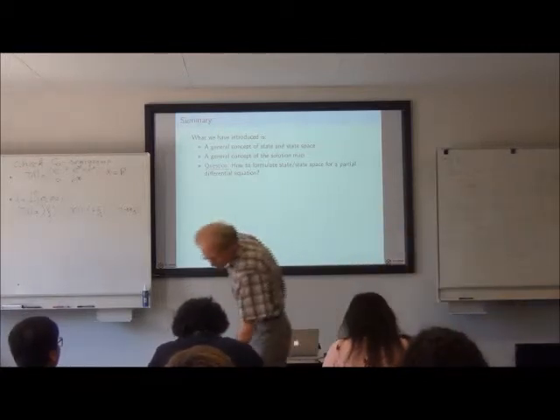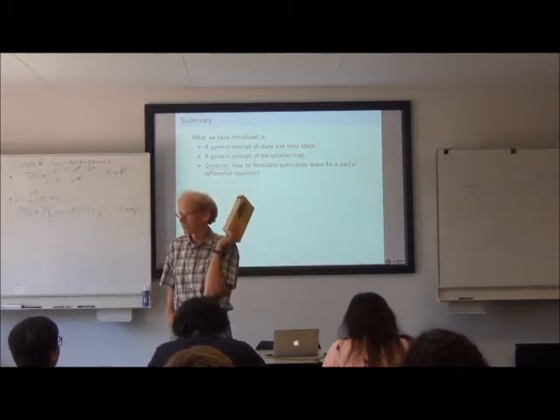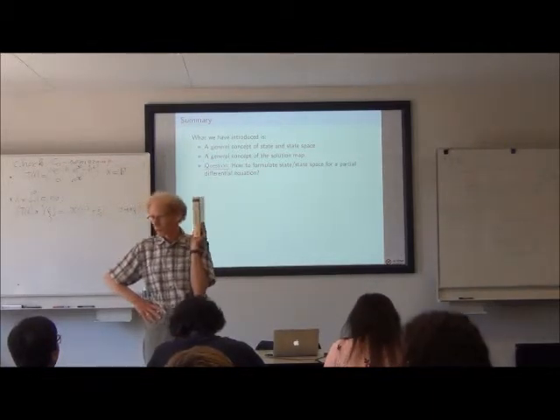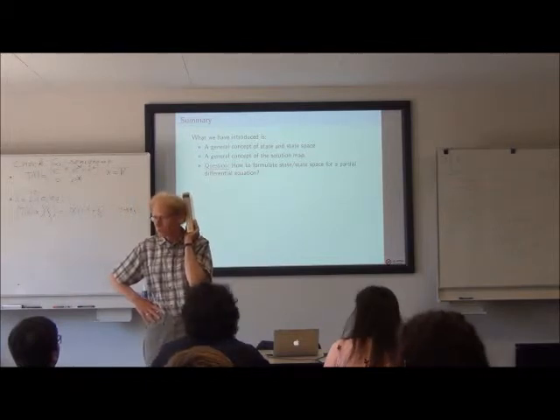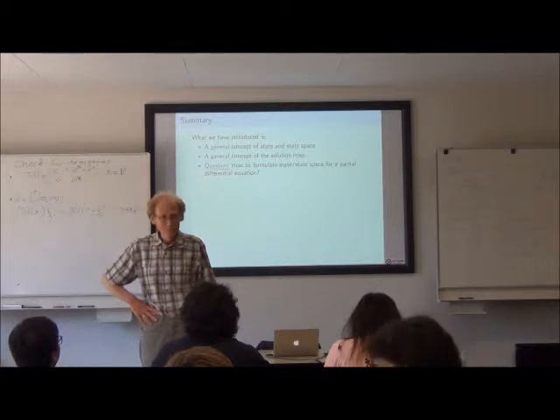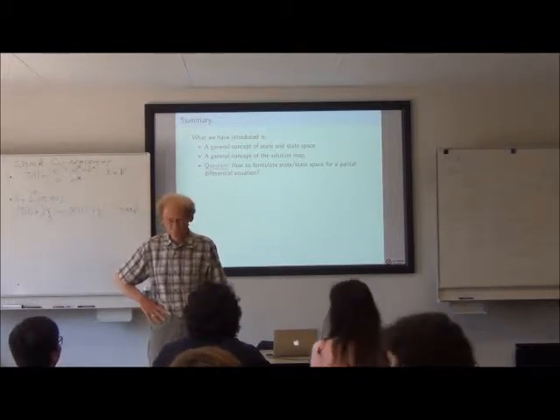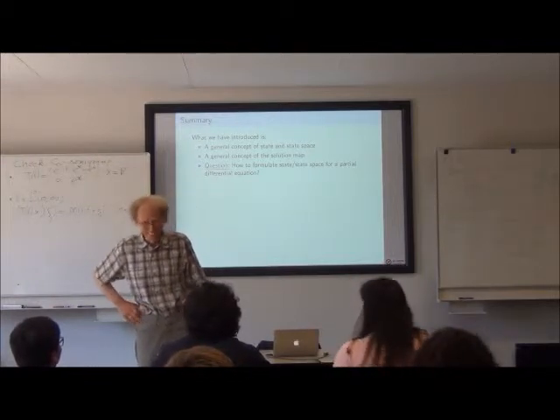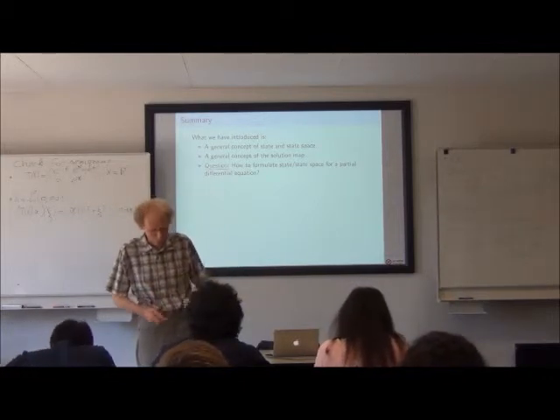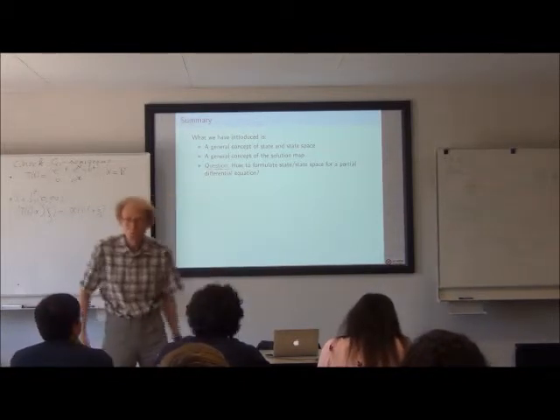This book, I just take this book because I know it quite well. The chapter on semigroups is roughly 90 pages. So you can imagine there is a lot to say, yeah? That's the whole problem.